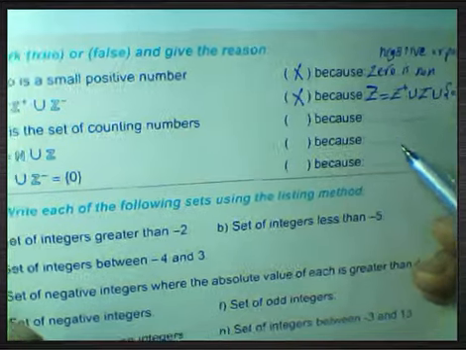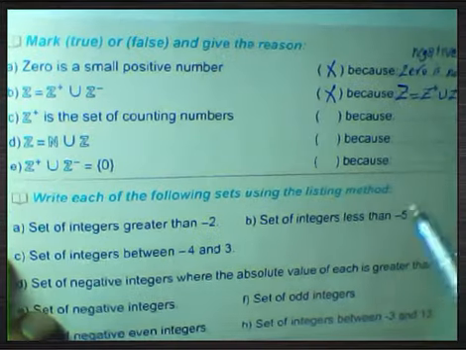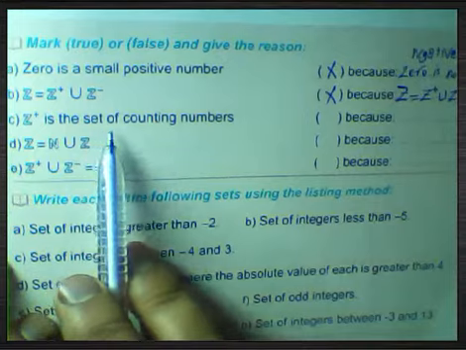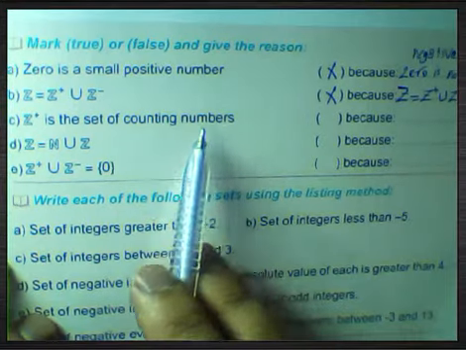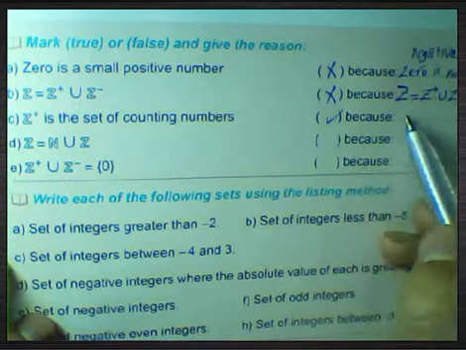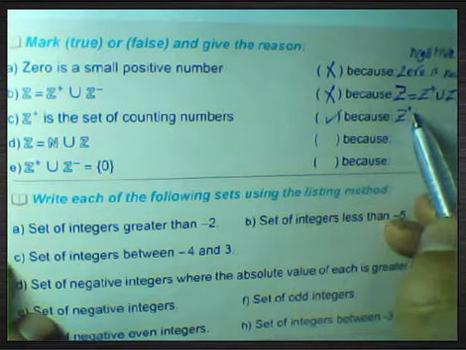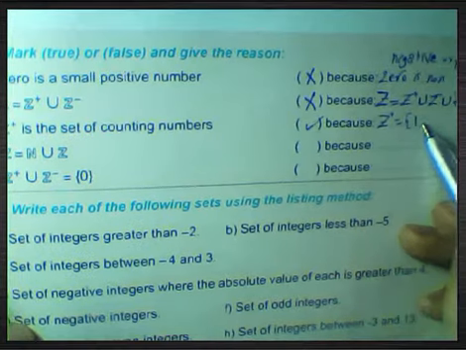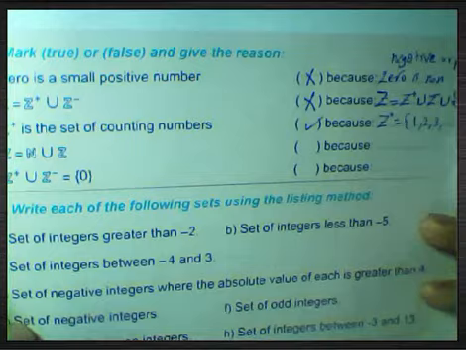Letter C. Z positive is the set of counting numbers. True, because Z positive equals the set of 1, 2, 3, and so on.